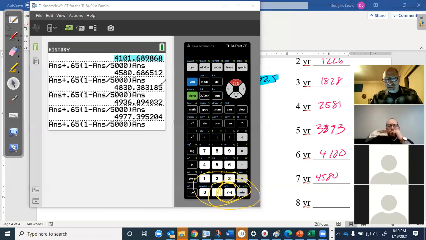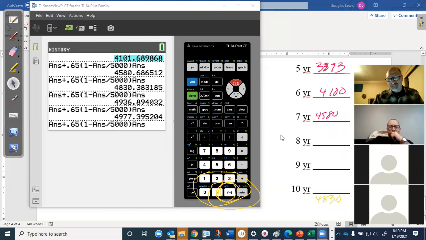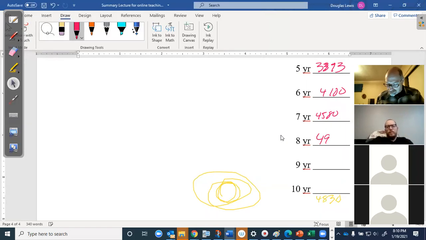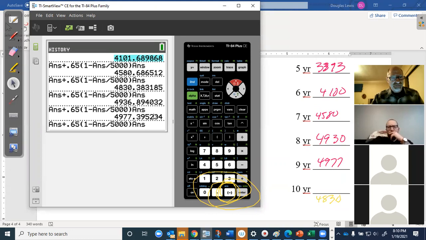And then the next one's 4830, then 4937, and then 4977. Oh, I missed 4830.